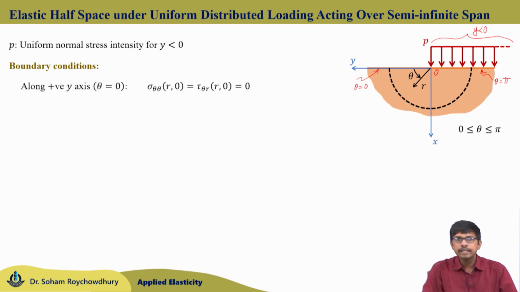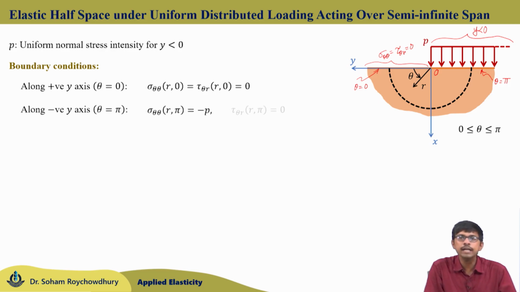So, for the positive y axis, which is defined by theta equals 0, sigma theta theta is 0 and tau r theta, or tau theta r, is also 0, because no normal traction and no shear traction is acting on the positive y axis part. So, sigma theta theta (r, 0) is 0, and tau theta r (r, 0) is also 0.